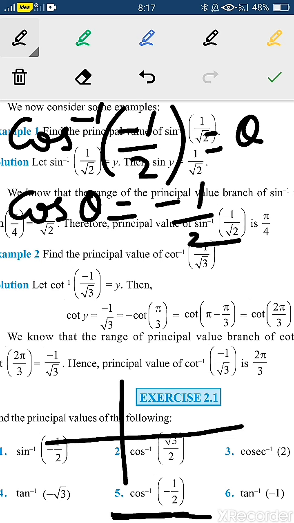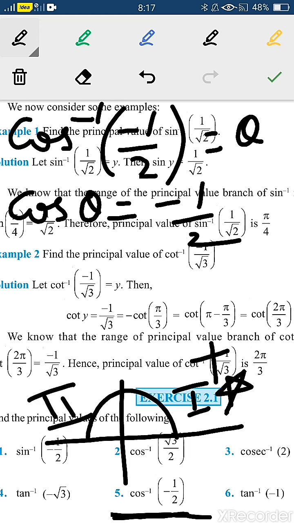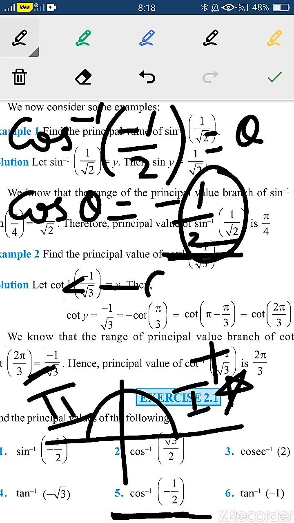We know that according to the interval it lies between the first quadrant and second quadrant, right? In the first quadrant cos is positive. In the second quadrant it is negative, so this should lie in the second quadrant. Now, when is cos half? That is at pi by 3. So this can be written as minus cos pi by 3, right?